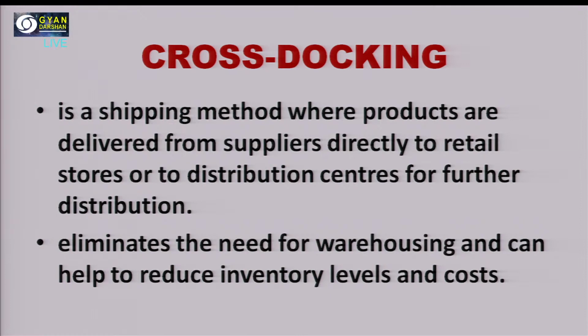Now we come to another inventory control technique, called cross docking. It is different from the inventory control techniques we have discussed. Under cross docking, instead of putting the items in the warehouse, we directly supply from a distributor to the retailer. So we are eliminating the need for warehousing, or minimizing the cost of warehousing.